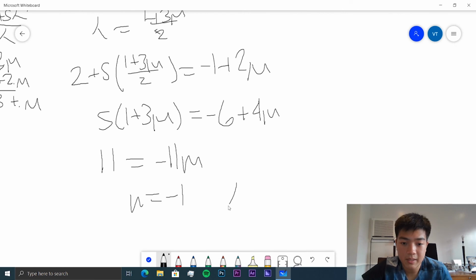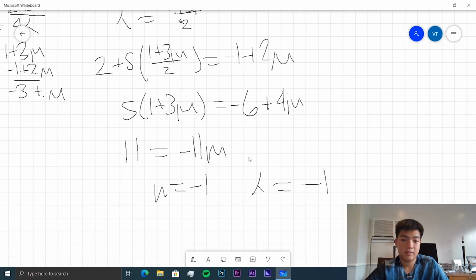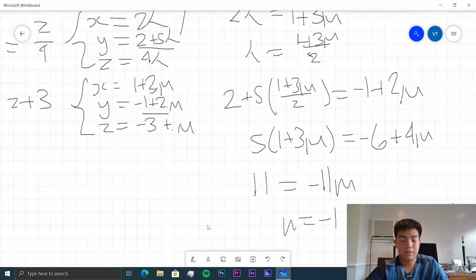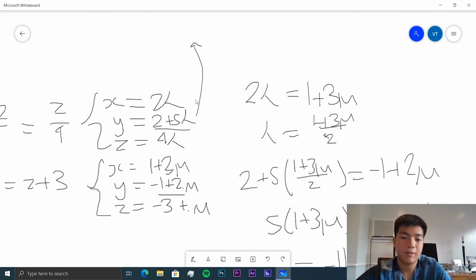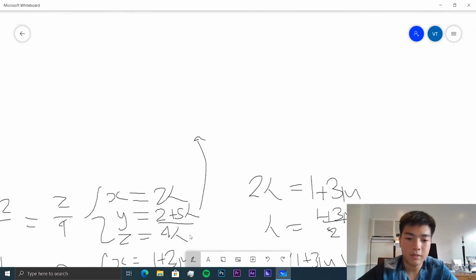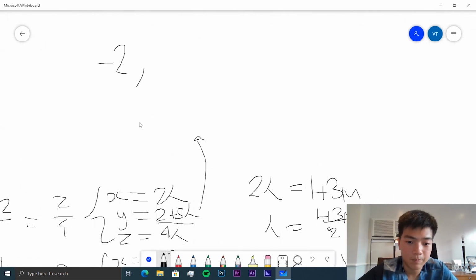And so lambda is equal to 1 minus 3, so it's negative 2 over 2, negative 1. So they are both equal, which is why we accidentally got the correct answer in the first one. To find the coordinates of this point, this would be negative 2, 2 minus 5 is negative 3, and then negative 4. So these lines intersect at the point negative 2, negative 3, and negative 4. So yeah, they do intersect indeed.